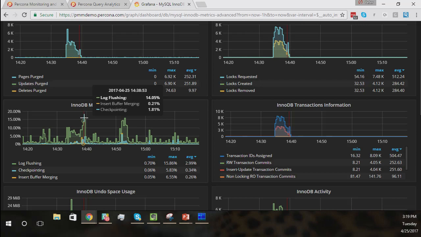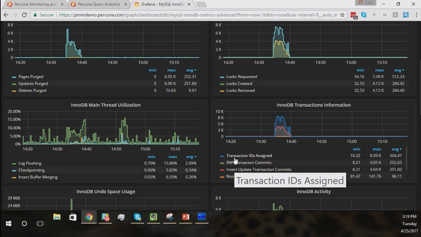Now, what you don't want to happen here is your InnoDB main thread getting 80, 90% busy, because if it becomes too busy, then it may not be able to do everything it has to do, schedule various kinds of stuff, and then you may have some nasty things going on.